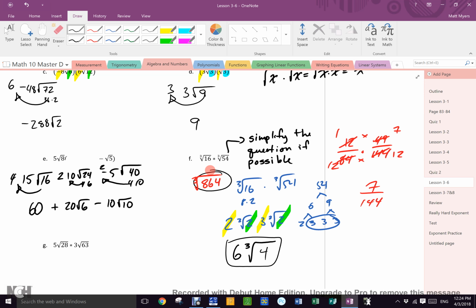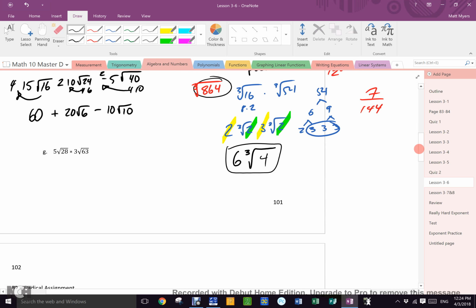Yep. So what are you going to do with G? Are you allowed to go 15 square root 1,764? You're allowed to. Does that make sense? Why would you do that? Why would you simplify a giant number like that when you could just simplify 28 and 63?